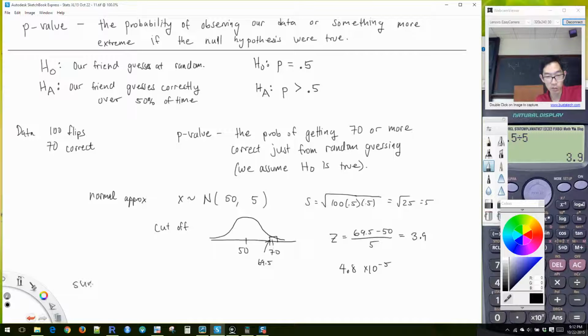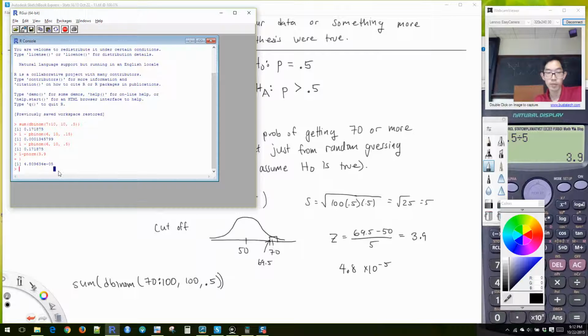I can do sum of dbinom from 70 through 100, with size 100 and probability 0.5, and we can see how these compare.